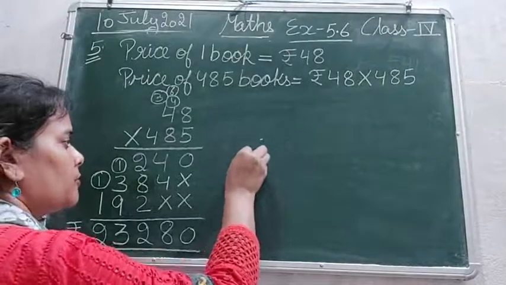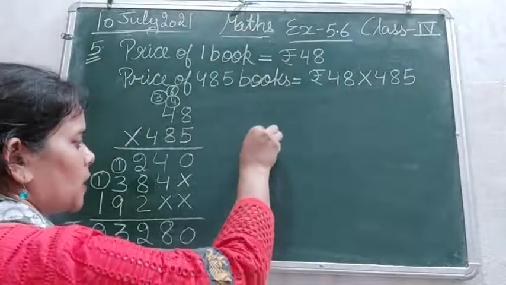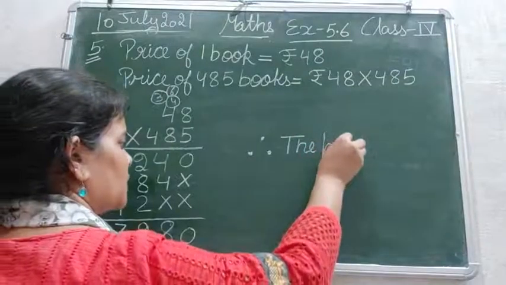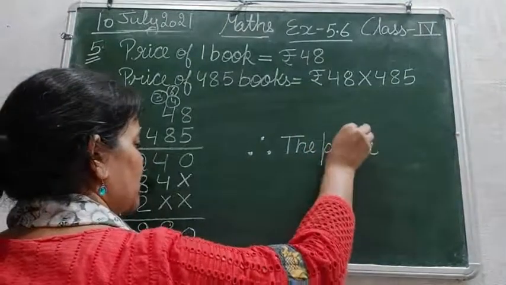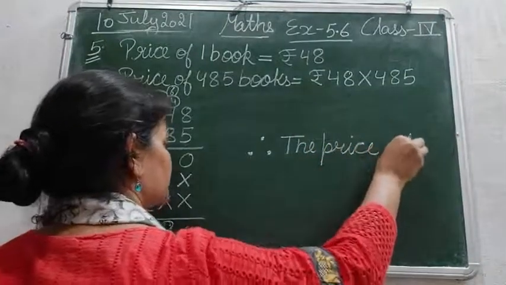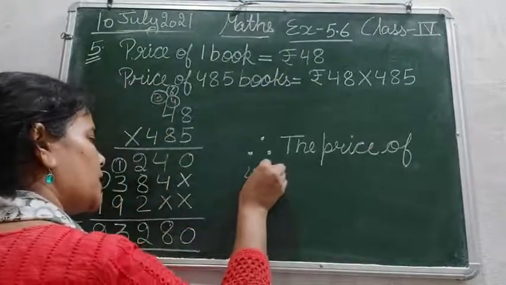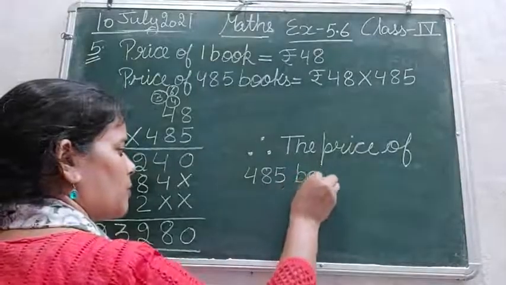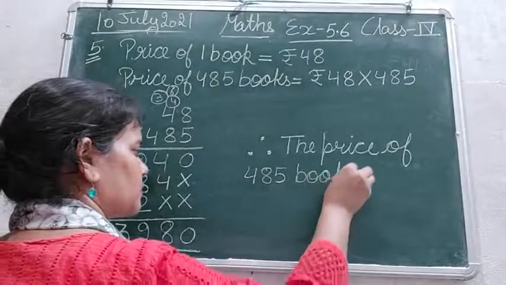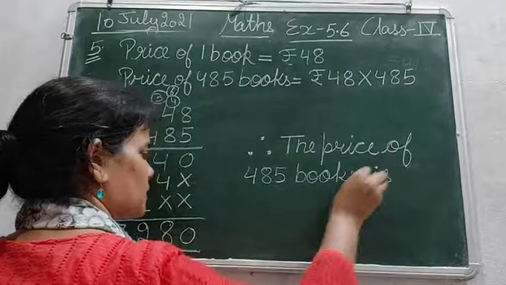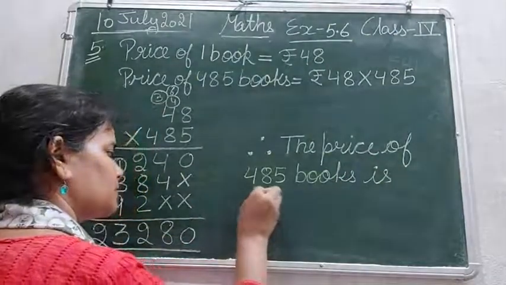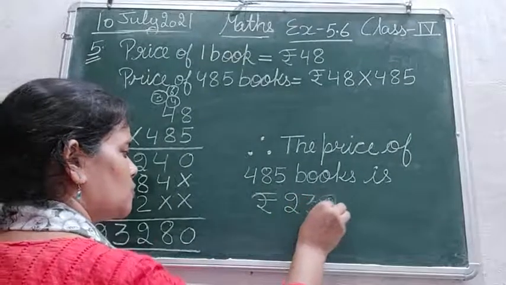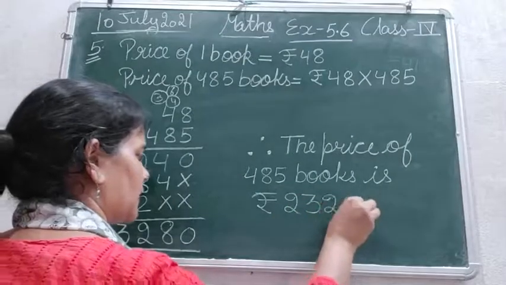लिखिए therefore the price of 485 books is rupees 23,280.